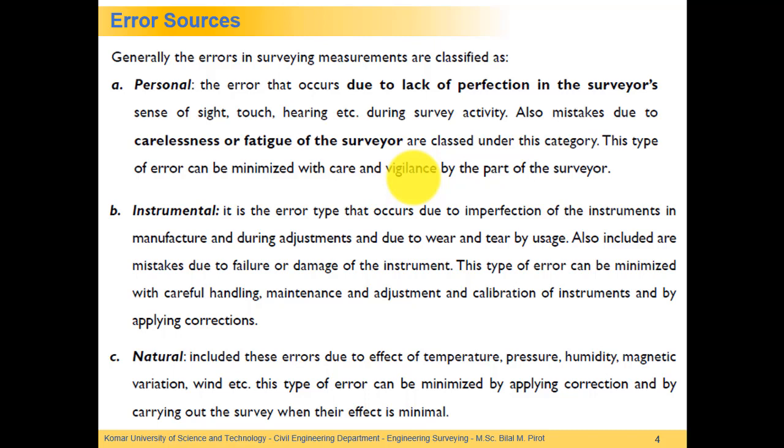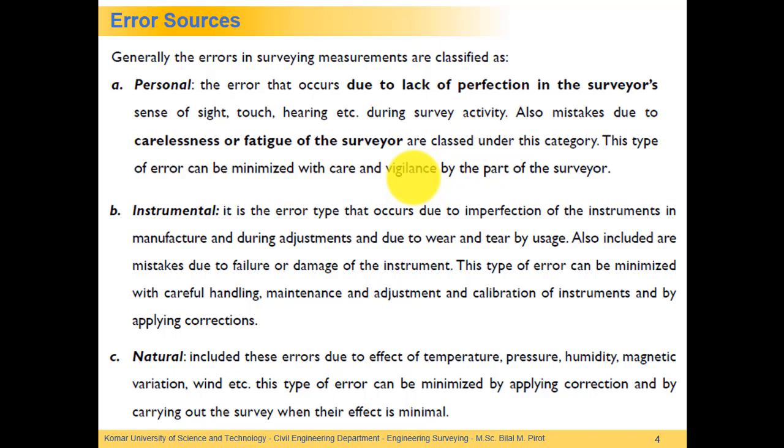So personal errors are the errors that are related to the surveyor. In some cases they are very gross and the error is big, so the only way to correct this type of error is to repeat the exercise or repeat the experiment.